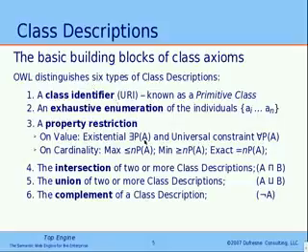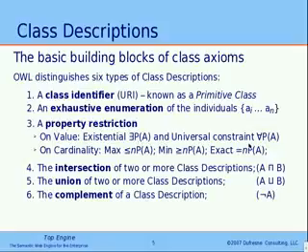Also, a class description can take the form of a property restriction on the value of the property, in the form of an existential property restriction, which means that there exists at least one property with a specific value or a value of a specific type.